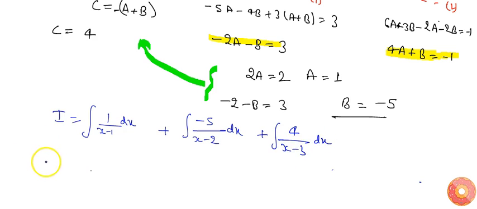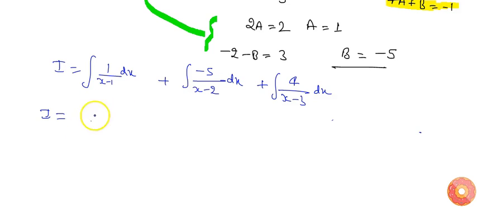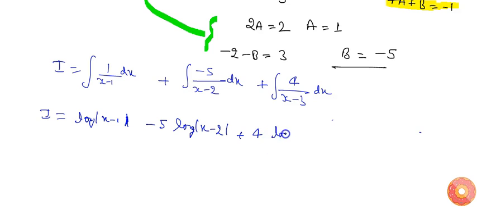So I can find the value of this integration easily, which is log of x minus 1, minus 5 log of x minus 2, and 4 log of x minus 3, and the integration constant C is there. So this will be our answer.